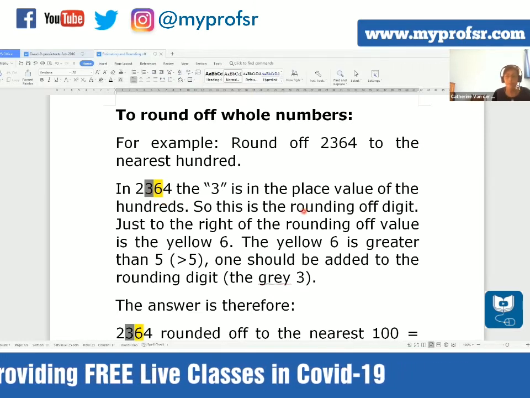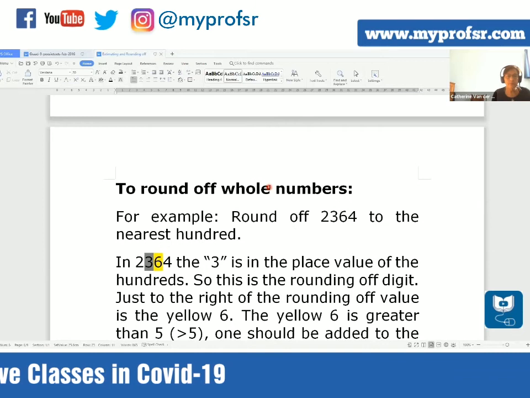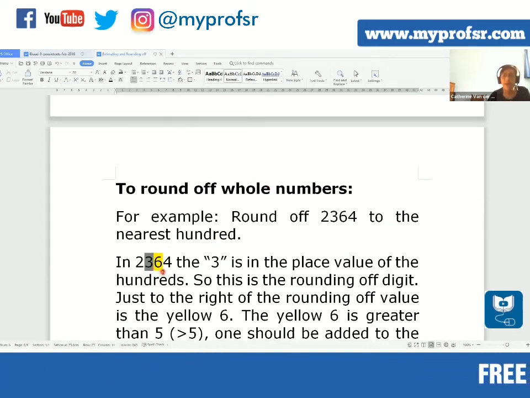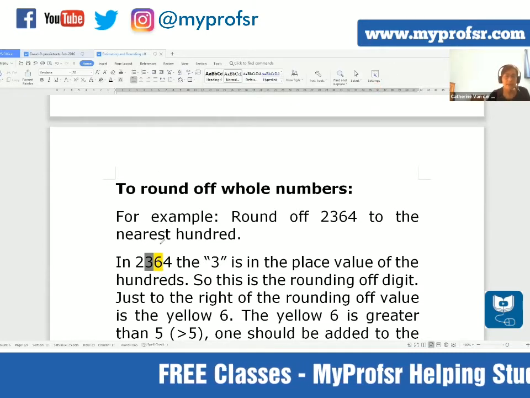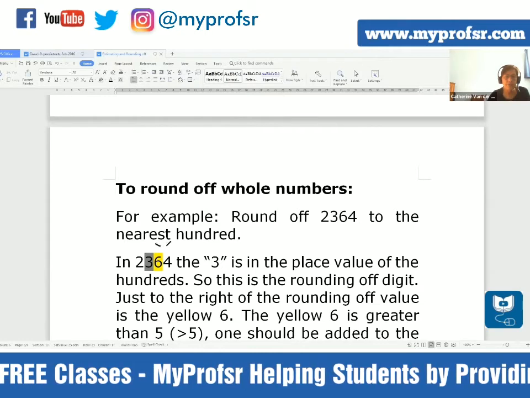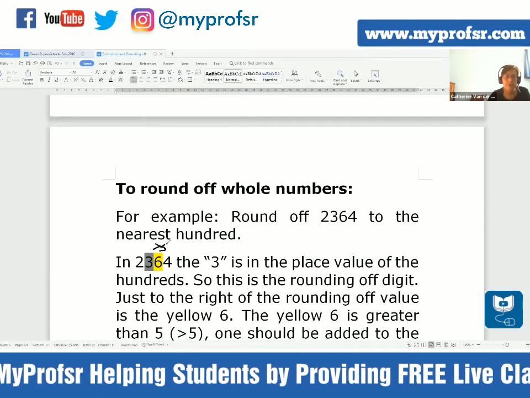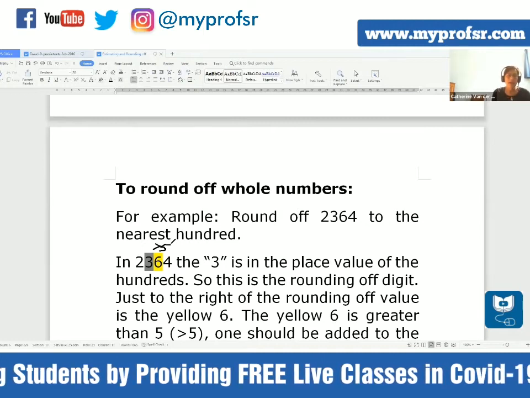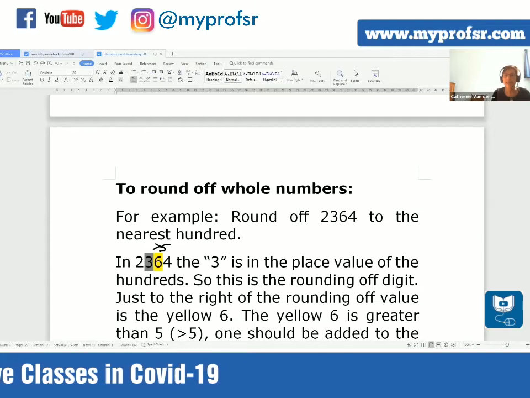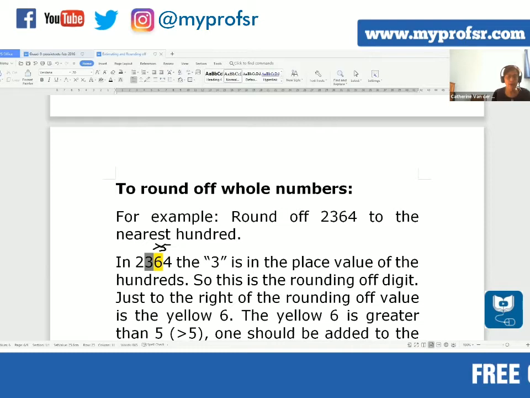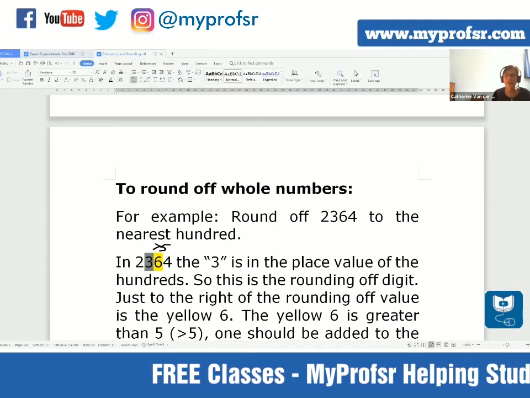Now, 6 is bigger than 5. And can anyone please give me a guesstimate of how much we're going to round this number to? Any answers?